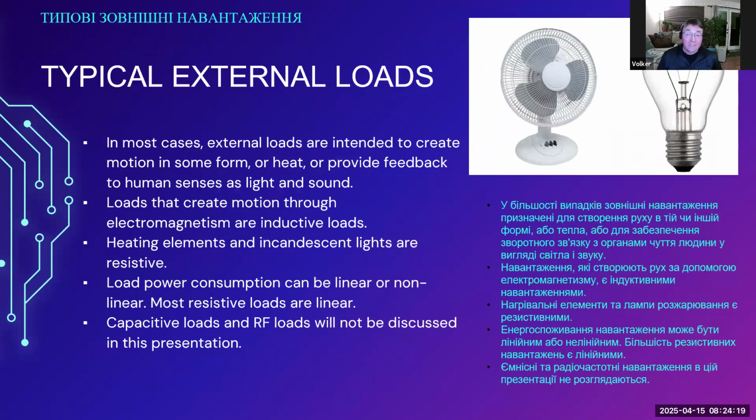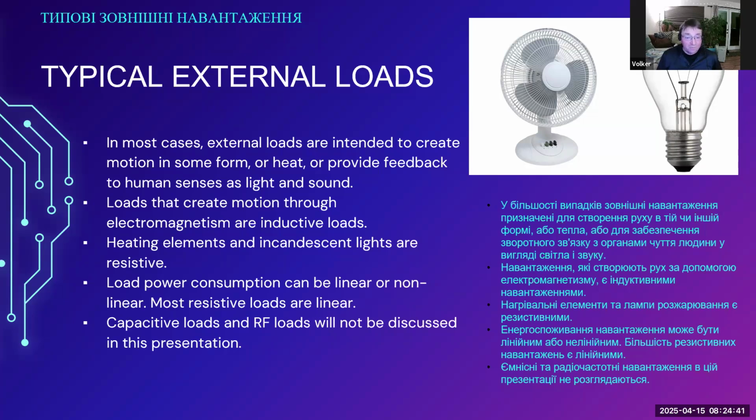Typical external loads. I just grabbed two images, a light bulb and a fan. The fan is an AC motor. The light bulb is basically a heater, like a standard old light bulb. It provides mostly heat and a little bit of light.